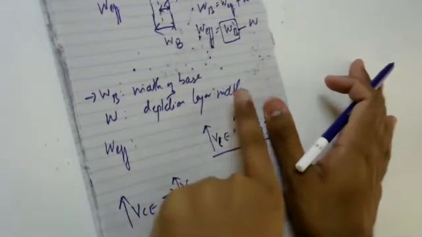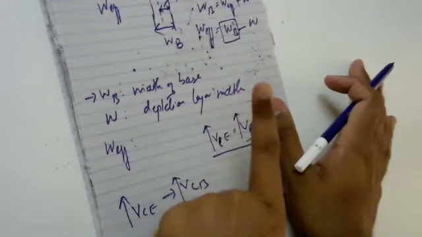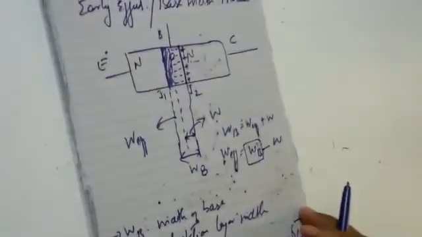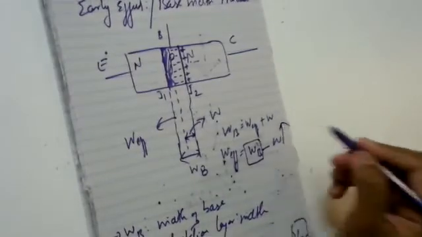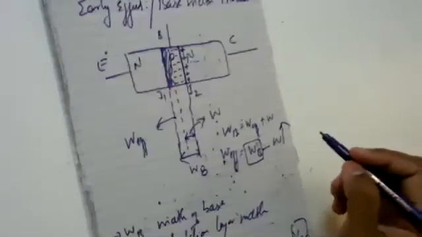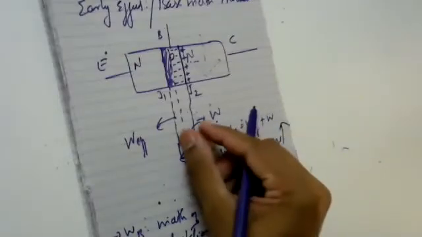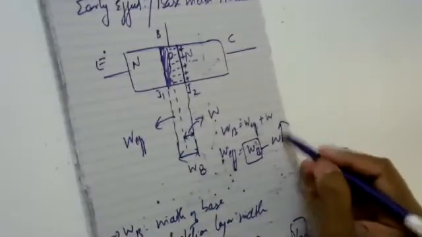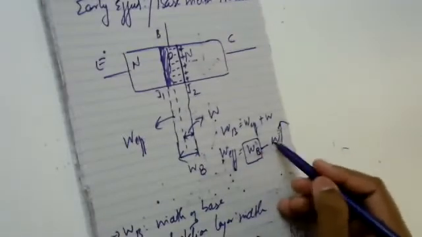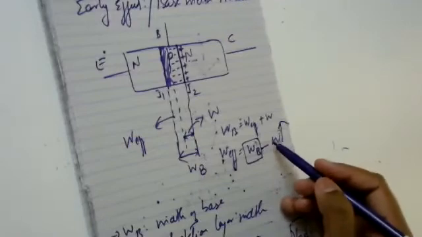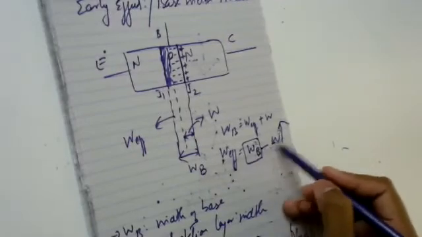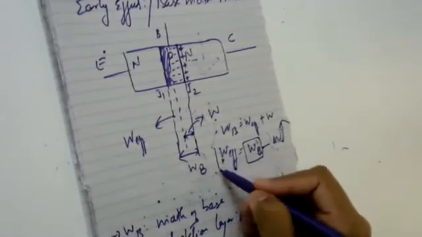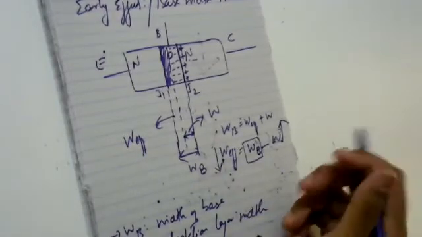Now if VCB, which is a reverse voltage, increases, then naturally this W has to increase, that is, this depletion layer has to increase. Since the depletion layer increases, the subtraction WB minus W will be less. So your W effective is going to decrease.